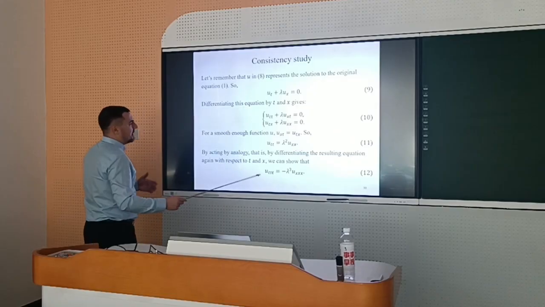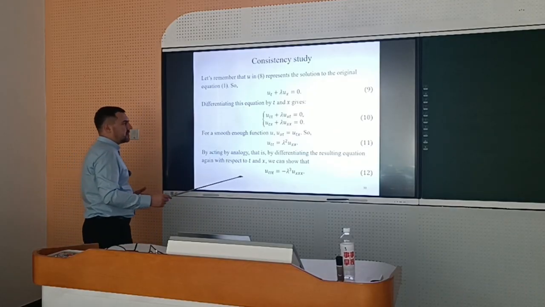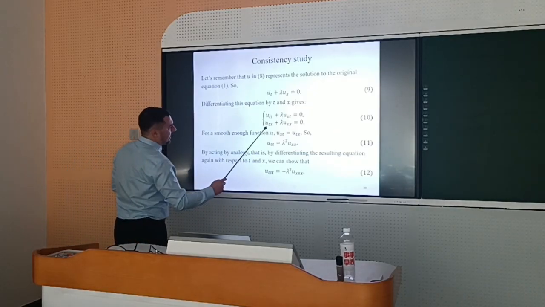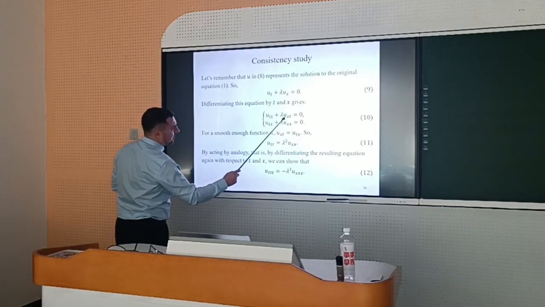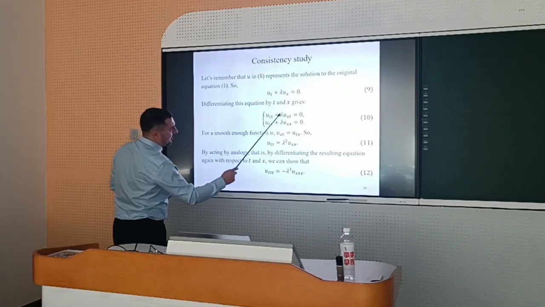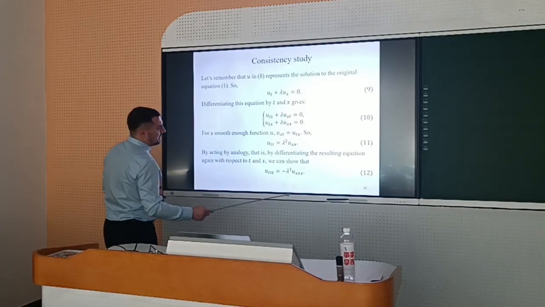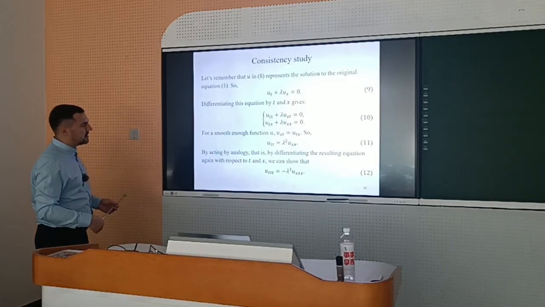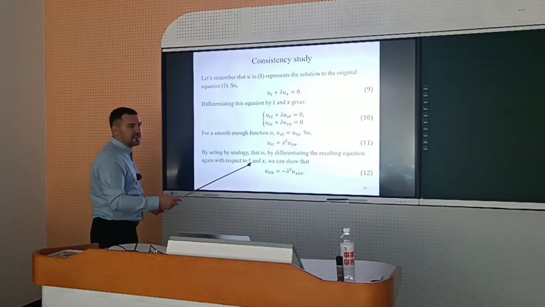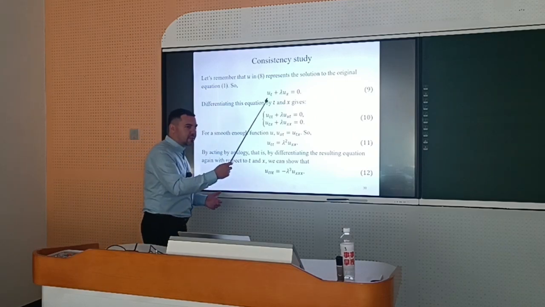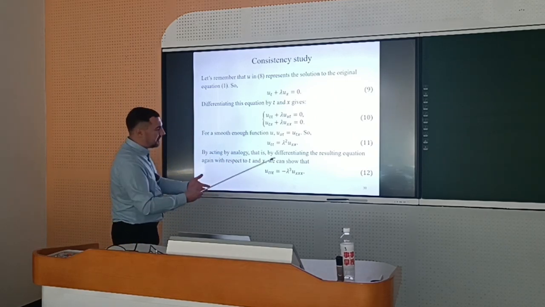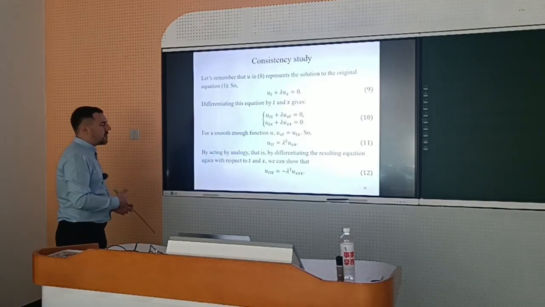And then for continuous functions, utx equals uxt. So you can express it here and put it here, and then you will get utt equals lambda squared uxx. Actually, this is the wave equation. So in fact, our linear advection equation is equivalent to the wave propagation equation.